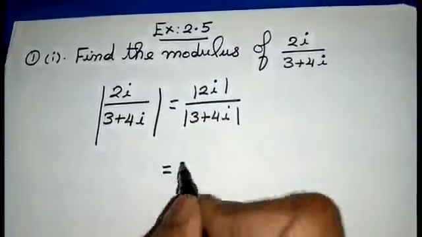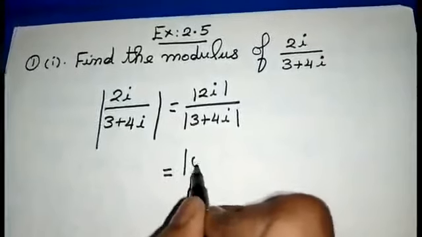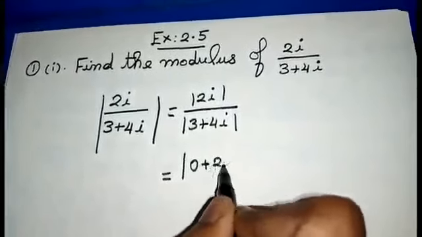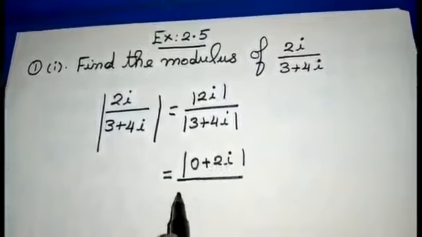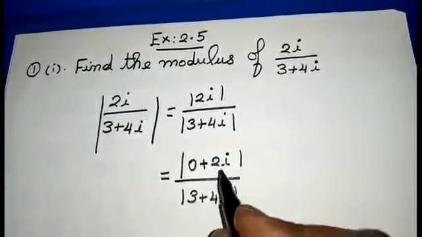And here if you see, I am not having the real part, that is real part is 0, 0 plus 2i divided by modulus of 3 plus 4i. Just for an understanding, I am writing like this, students.